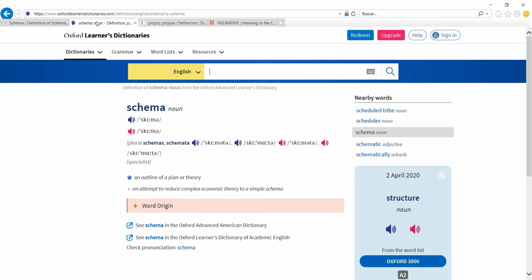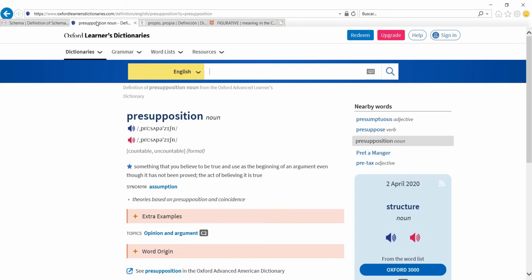And I wanted to share also the concept of presupposition, which we're going to use when talking about language. This is not a technical definition, right? It says something that you believe to be true. That's not the meaning we're going to use. We are going to use another one when, for example, I say my eldest daughter is here.